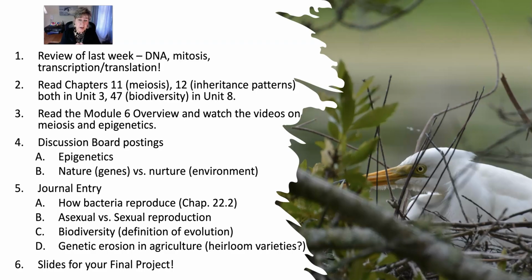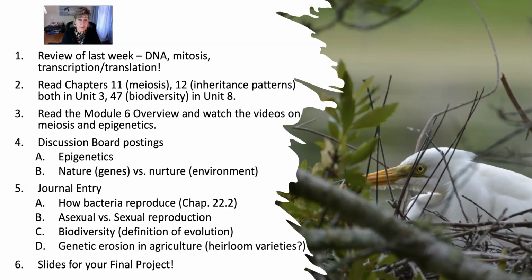Okay, so let's talk about what you learned last week, and that was about the structure of DNA and how it replicates or makes a copy of itself. Mitosis, which is a type of nuclear division where the chromosomes separate from each other when cell division is about to take place. We learned about checkpoints and cancer and the cell cycle.